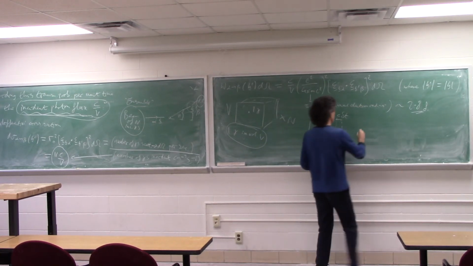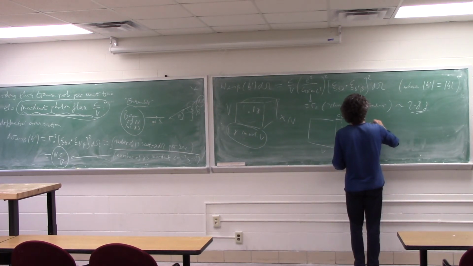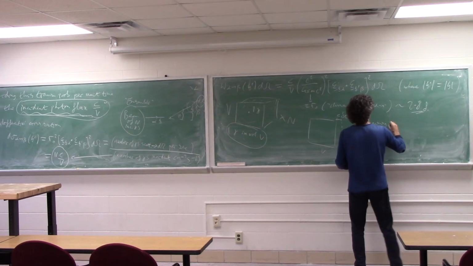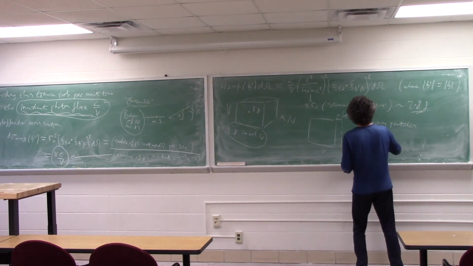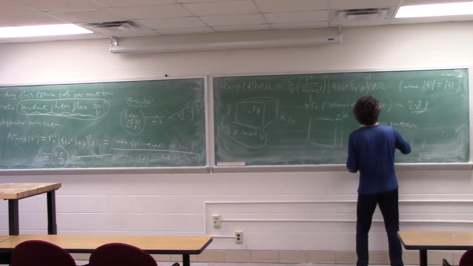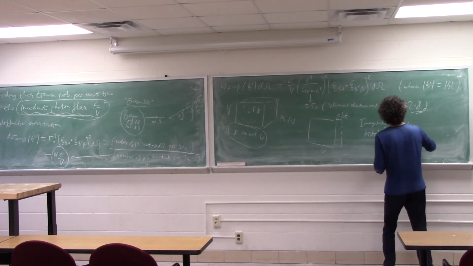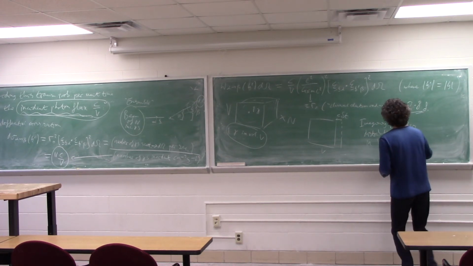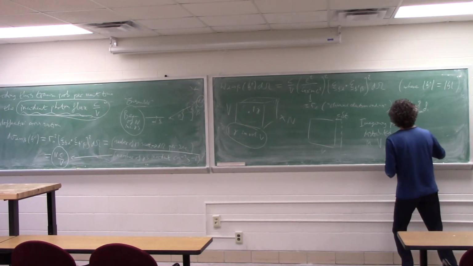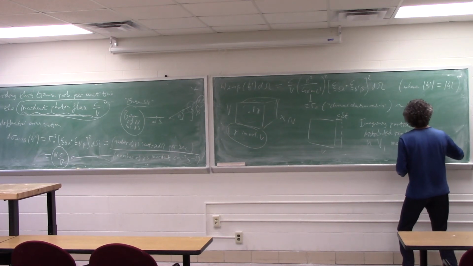In other words, you are imagining particles distributed randomly in the volume V and moving at the speed c.